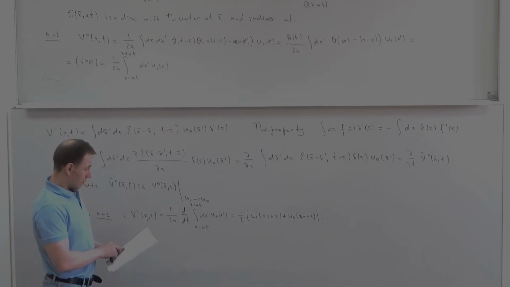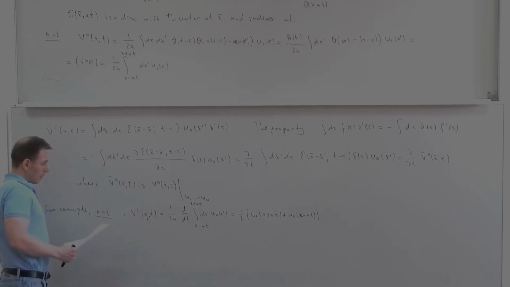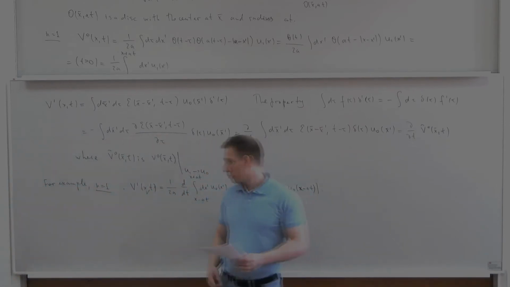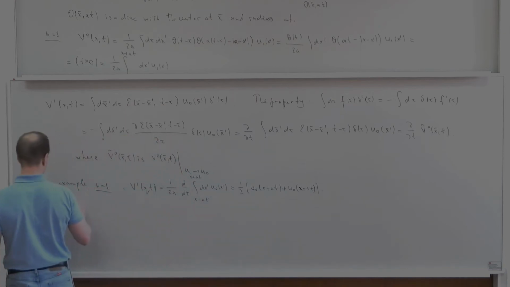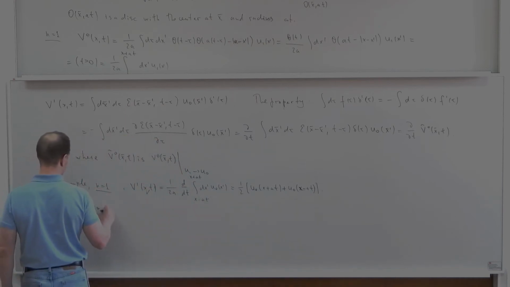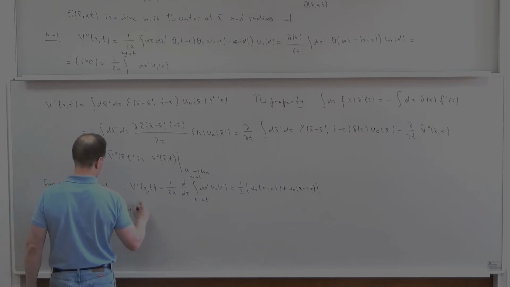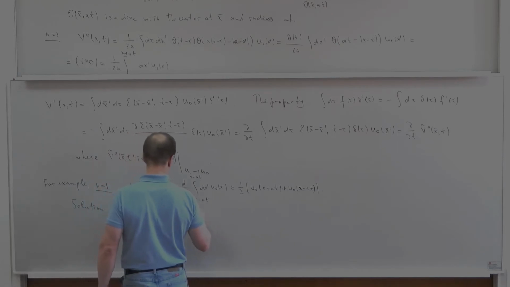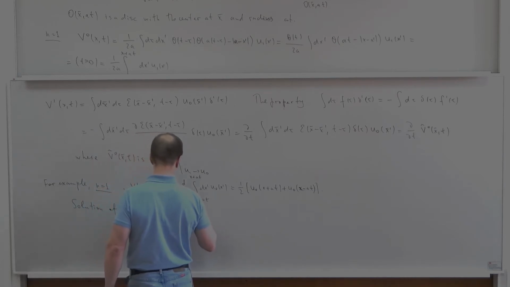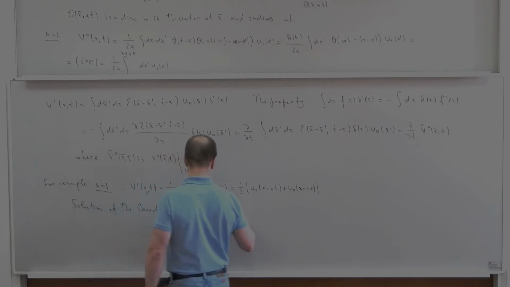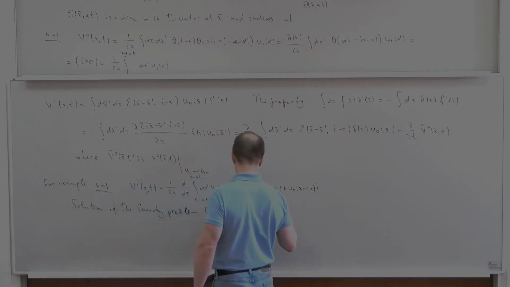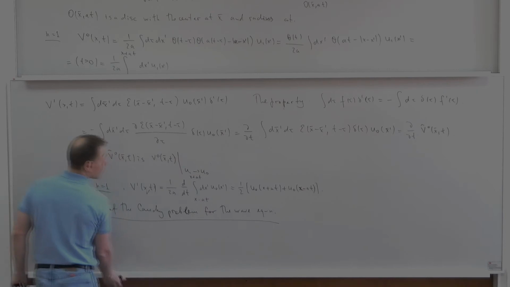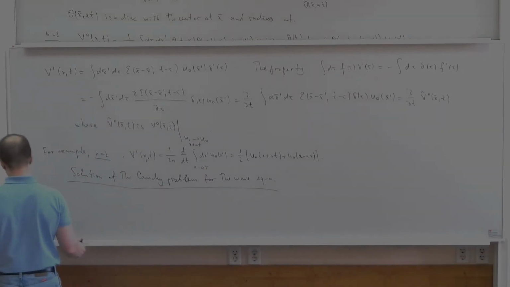Okay, the next section is called the solution of the Cauchy problem for the wave equation. I remind you that the Cauchy problem for the wave equation looks as follows.